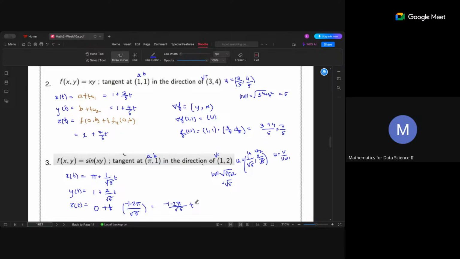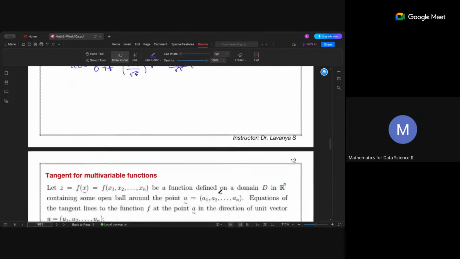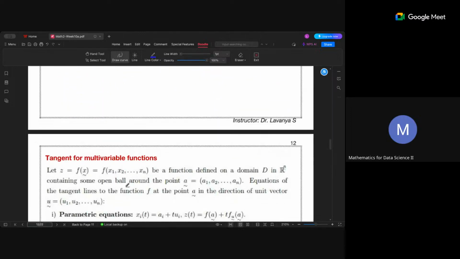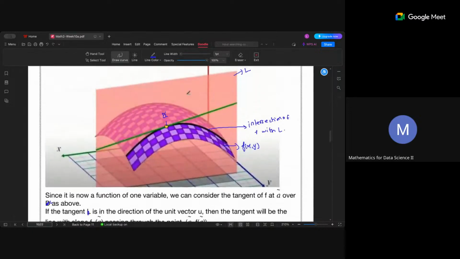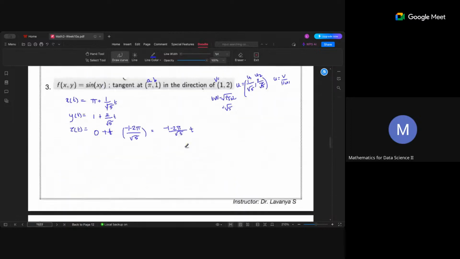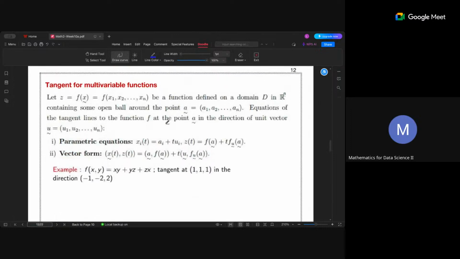Okay. So finding the tangents, at least in 2 variables, we have seen. For 3 variables, exactly the same procedure, nothing different. So tangents for multivariable function. Why did we see 2 variables separately? For visualizing purpose only. To understand the concept and visualize, we saw 2 variables separately, and the same thing now is given for n variables also.